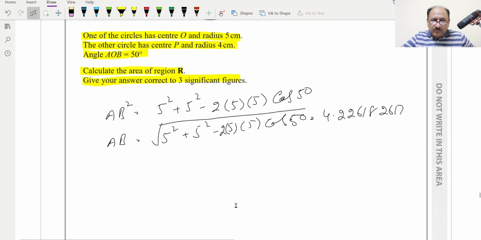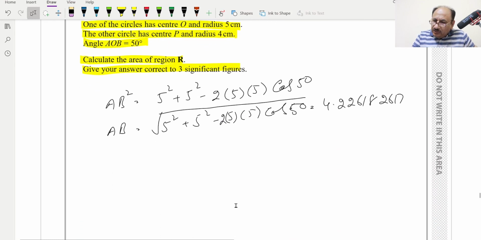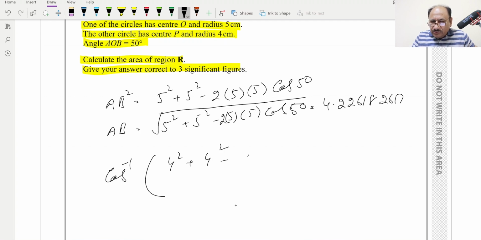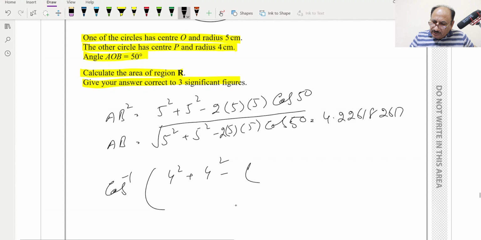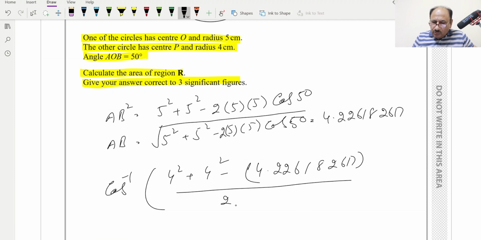So theta will be cos inverse of one side square plus the second side square minus the third side square, all three sides are there, so the third side will be this whole calculator number I'm writing, divided by 2 into one side into second side.